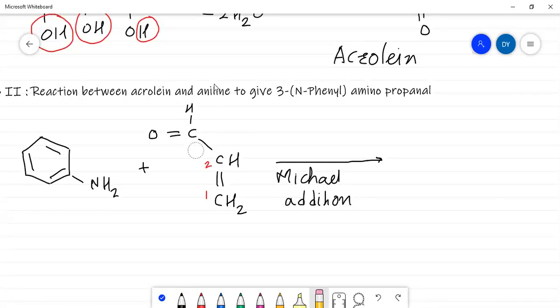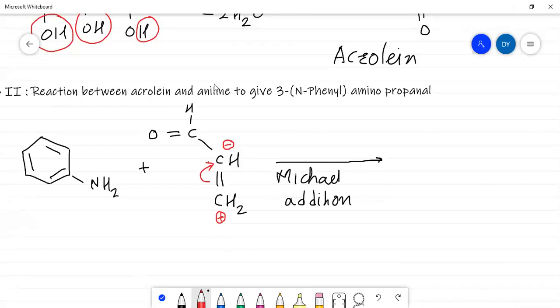Okay, I tell you. First of all, a bond between carbon and carbon is going to break. Which bond is going to break? The carbon-carbon double bond. So this bond breaks towards this carbon atom, right? So this carbon atom becomes negatively charged and this carbon atom becomes positively charged.